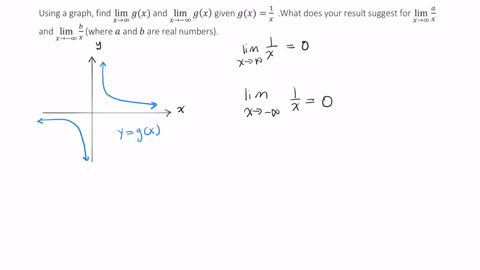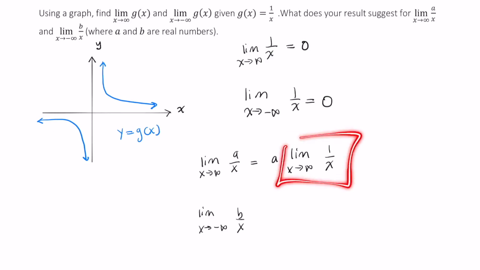Now to answer the other part of this question, what does our result suggest for the limit as x approaches infinity of a over x and the limit as x approaches negative infinity of b over x, where both a and b are real numbers? I can use the limit laws to rewrite this as a times the limit as x approaches infinity of 1 over x.